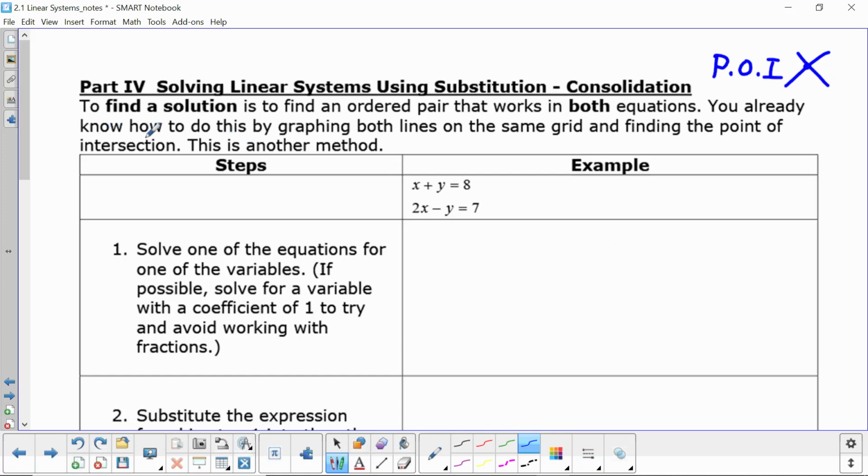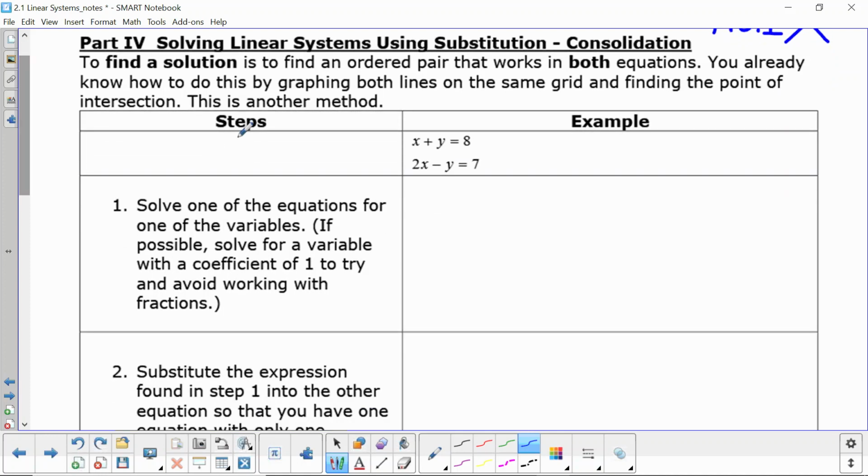You already know how to do this by graphing both lines on the same grid and finding the point of intersection. And here is another method. In this method, the first column explains the steps you are going to take, and the second column shows how we can apply those steps to solve the linear system.